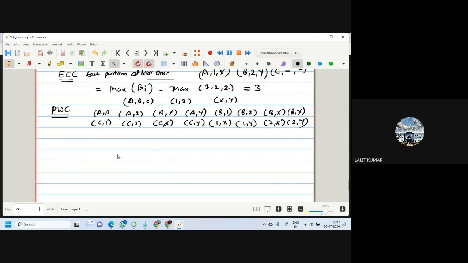Now to achieve pairwise coverage, the formula says it will have at least the max of Bi squared. Max Bi is 3, so at least 9 cases. Let us see how this comes. A1 is there, so I can select A1X. I have achieved A1, AX, and 1X.